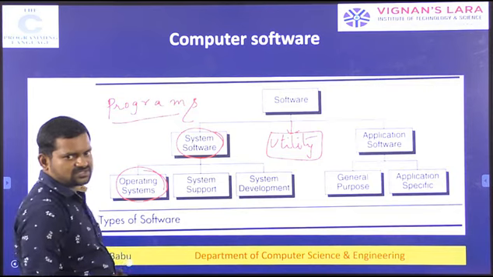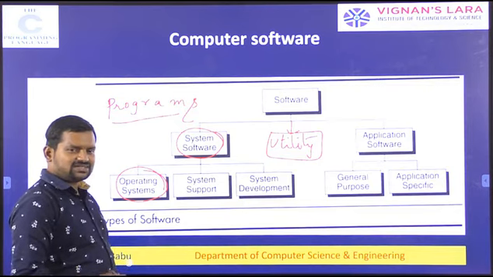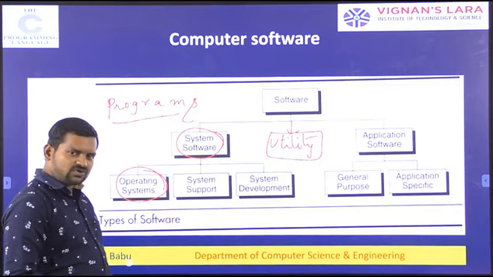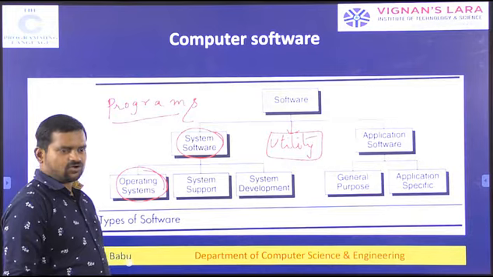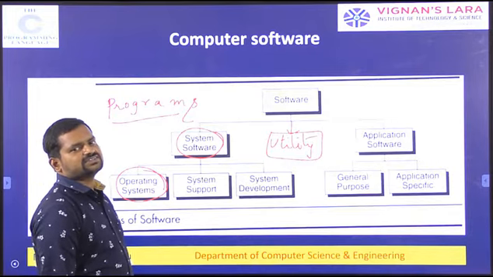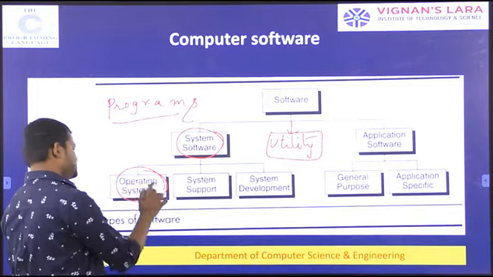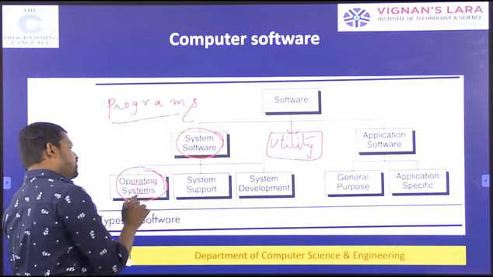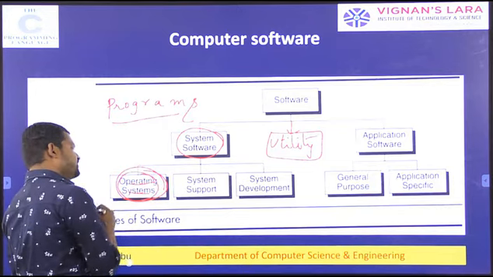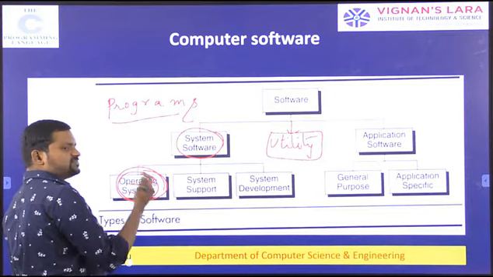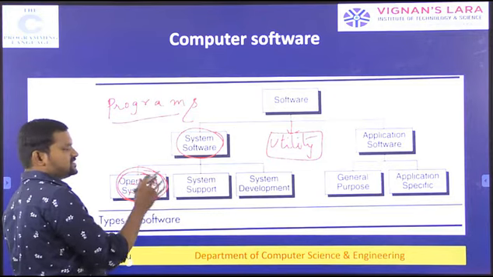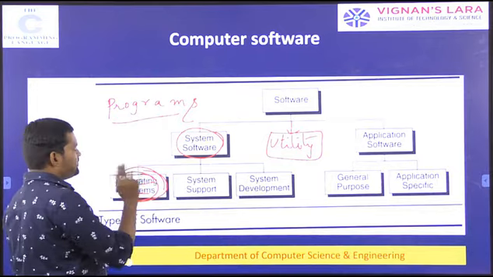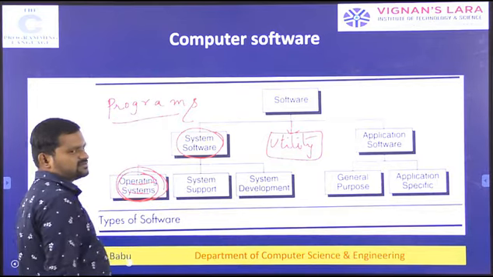Operating systems: Unix, Linux, Windows, Android, Kali, Ubuntu, all these are operating systems. An operating system is system software for every computer. For the system to turn on, you compulsorily need the operating system.